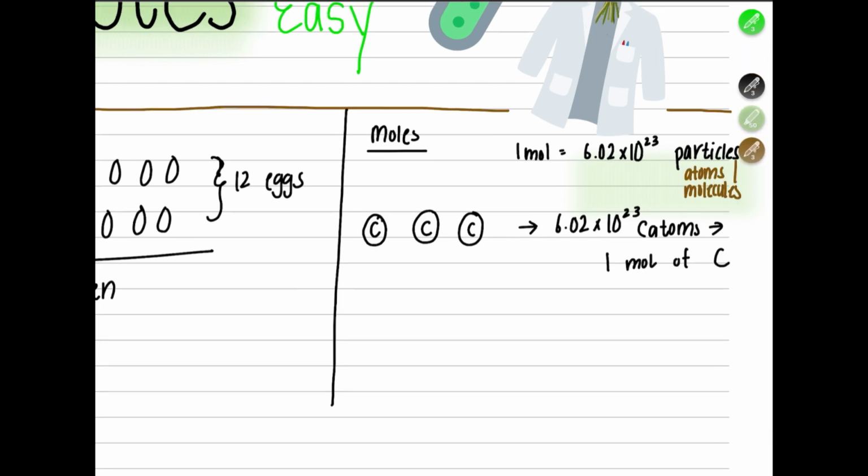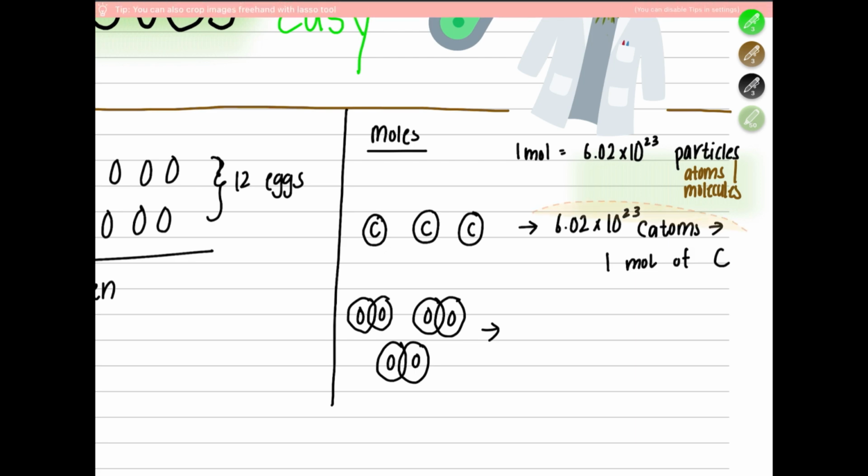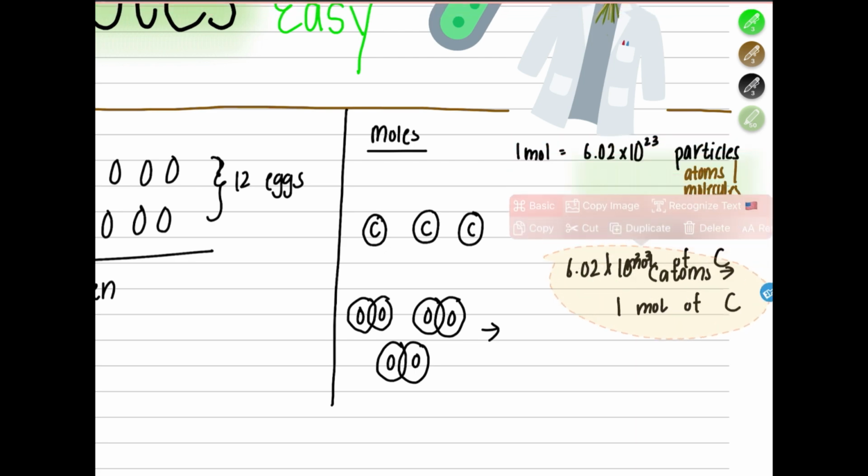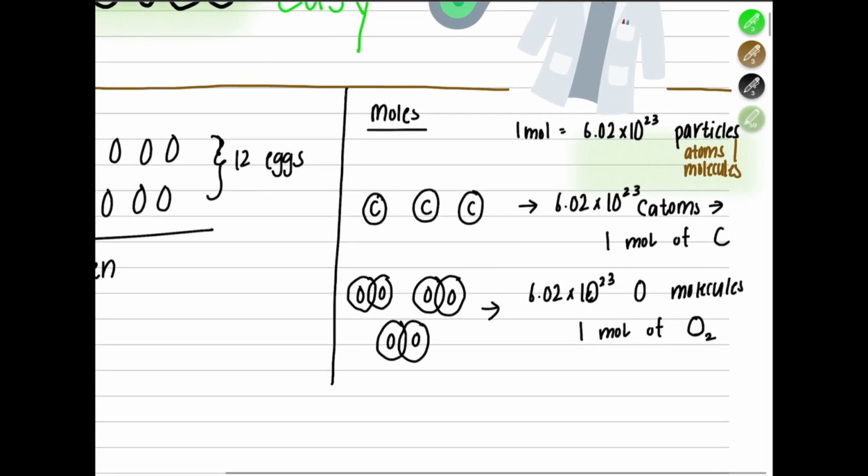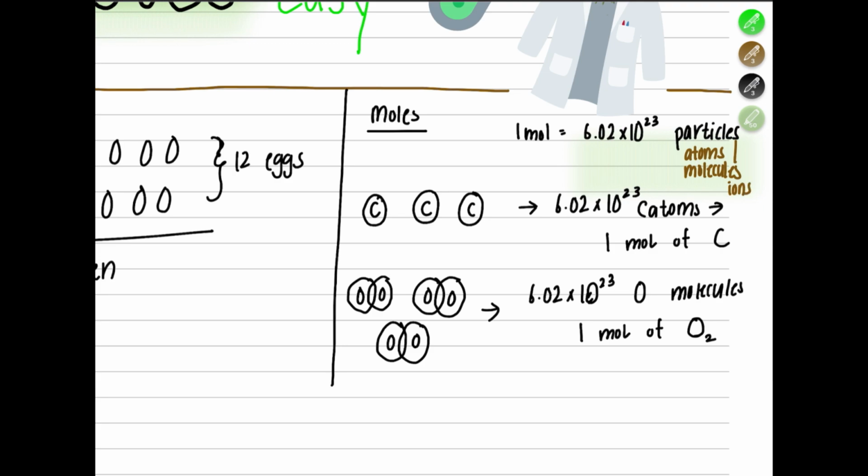Oxygen molecules, they would be like this. Oxygen exists as O2. So if there are 6.02 times 10 power 23 oxygen molecules this time, we say this is 1 mole of oxygen. This could even be ions, any kind of ion, both metallic or non-metallic.